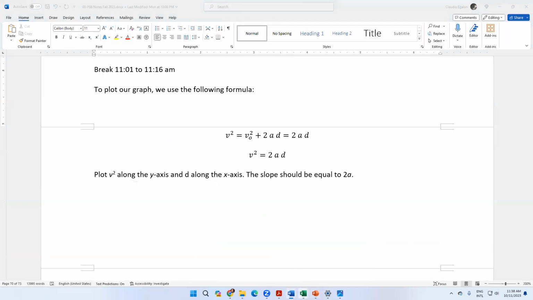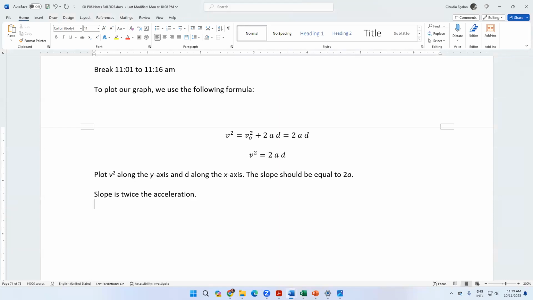I want to go one by one, see if you're doing something there. Okay. This slope is twice the acceleration.